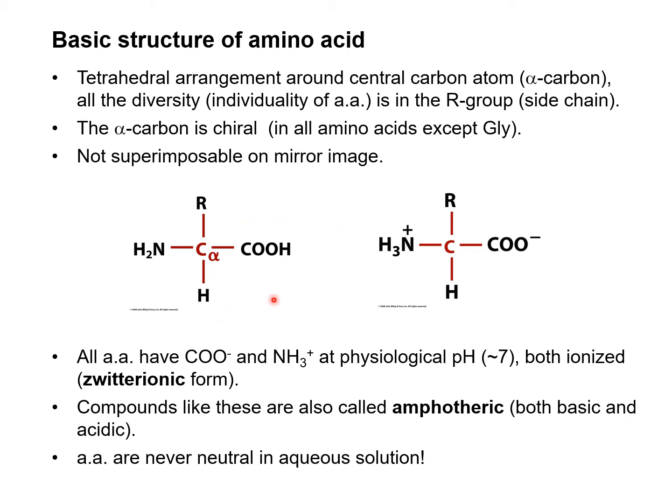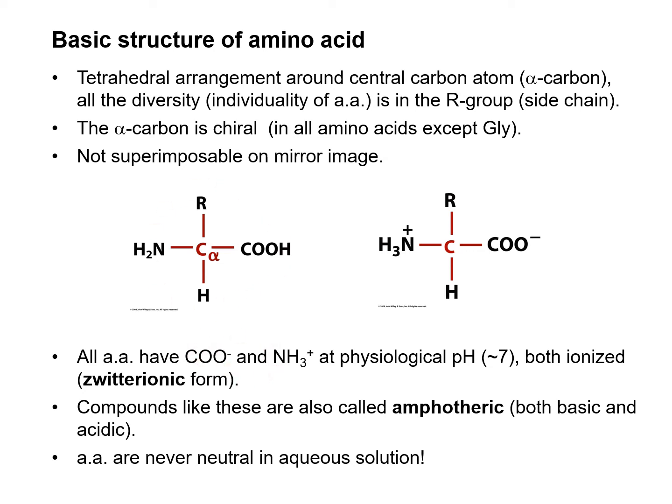And all amino acids have COO-, which is the carboxyl group, as well as NH3+, the amino group, at physiological pH, which is around 7.2, where both functional groups are ionized and they are in the zwitterion form. And this zwitterion is basically a molecule containing both functional groups with opposite charges within the same molecule.